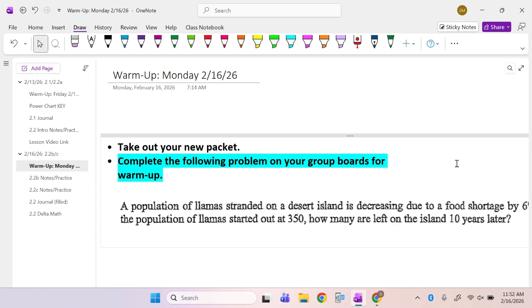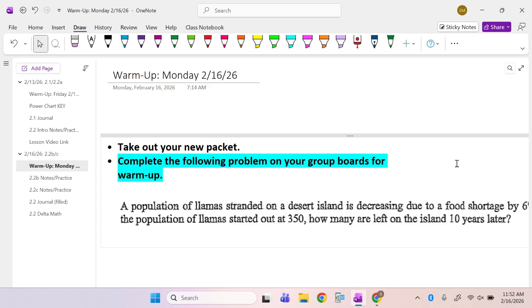Now, I always say go ahead and define what each of your variables are. So all I got to do is just plug it into the formula. So A is what we're trying to find, so we're just going to leave it as A. What's P? So what did I start with? 350. Good.